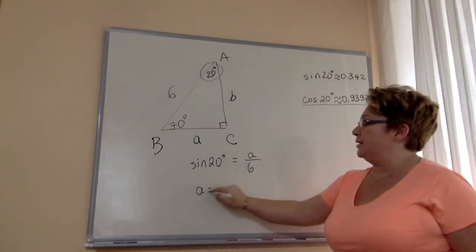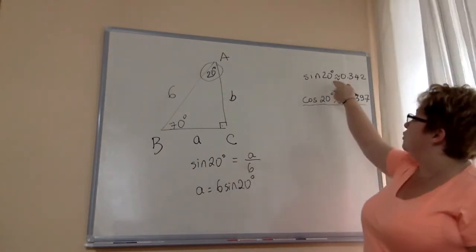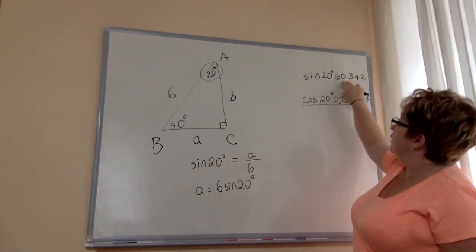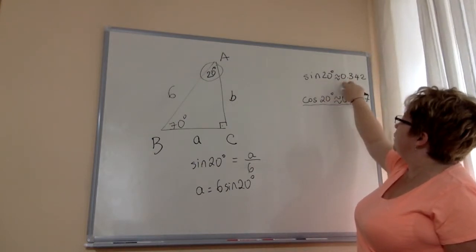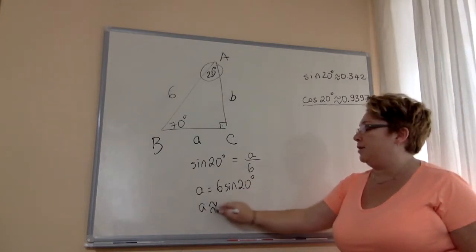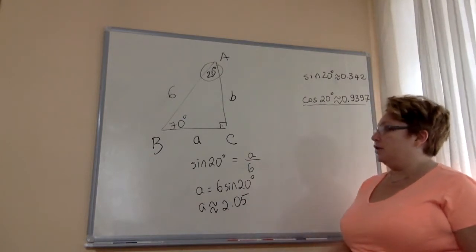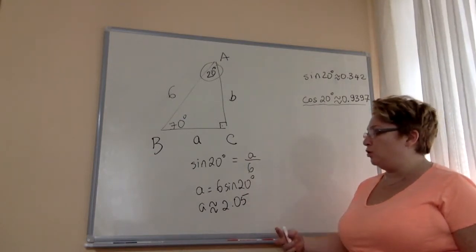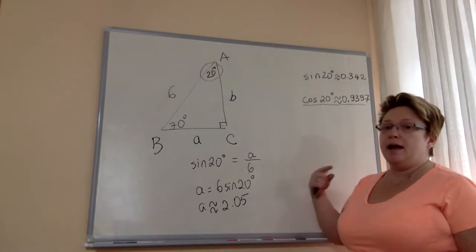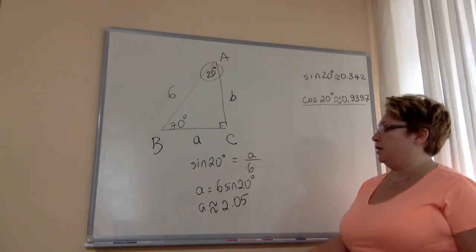So A is simply 6 times sine 20 degrees. And then I go to my scientific calculator and find sine 20 degrees and multiply it by 6, and I get a value that's approximately 2.05. So I've solved two missing sides and one missing angle using trigonometry.